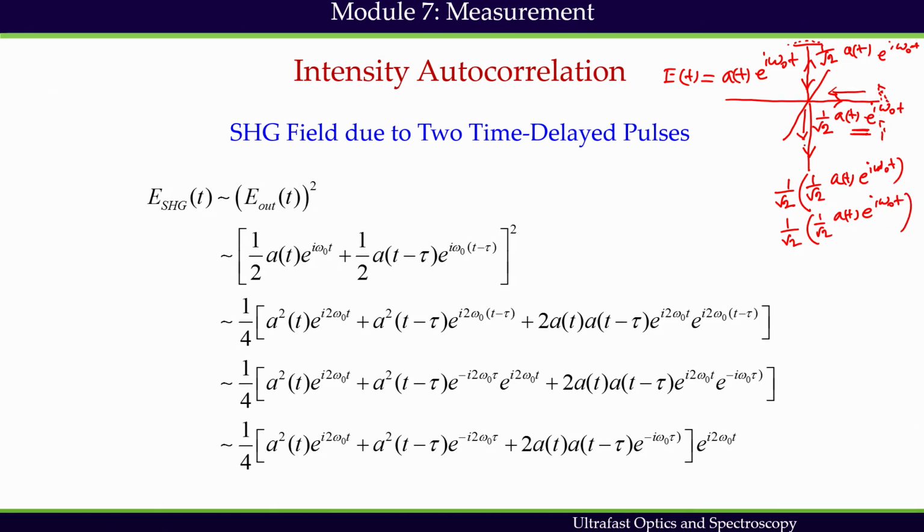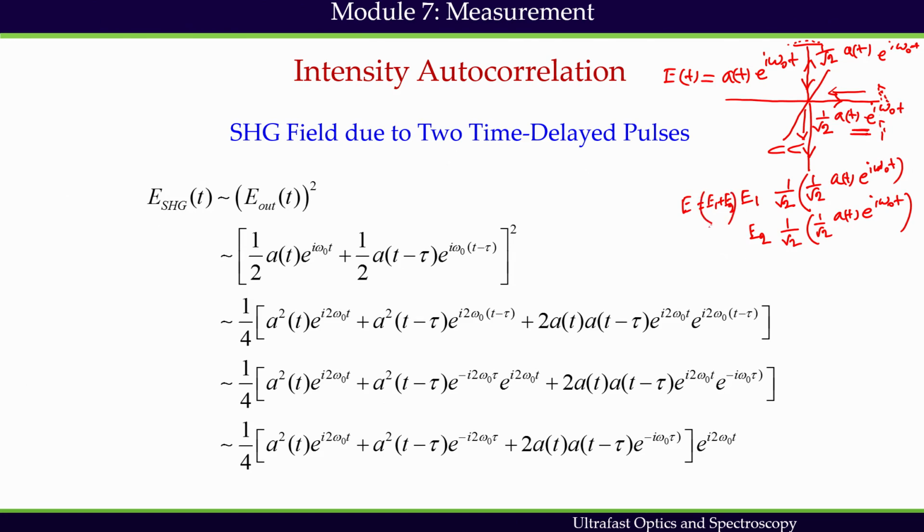So this is the total field coming out of the interferometer, which is, this is the pulse 1 E1 and this is E2, and the total field coming out of the interferometer is going to be E1 plus E2.